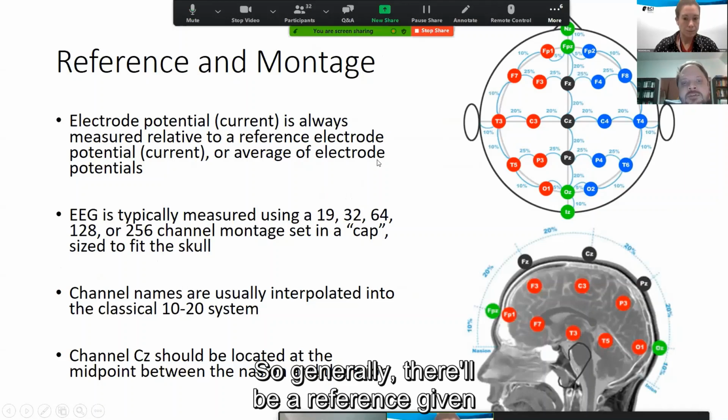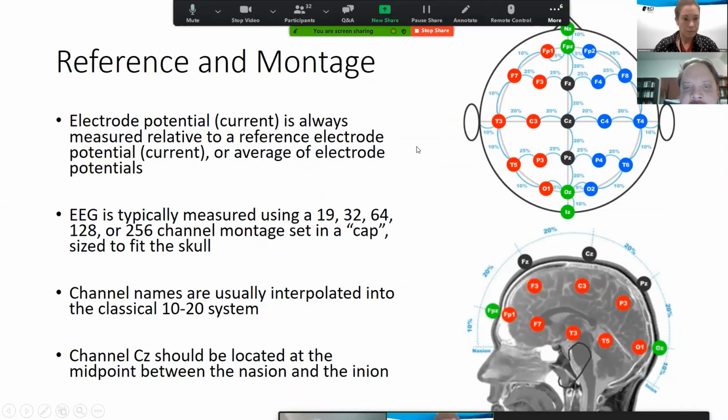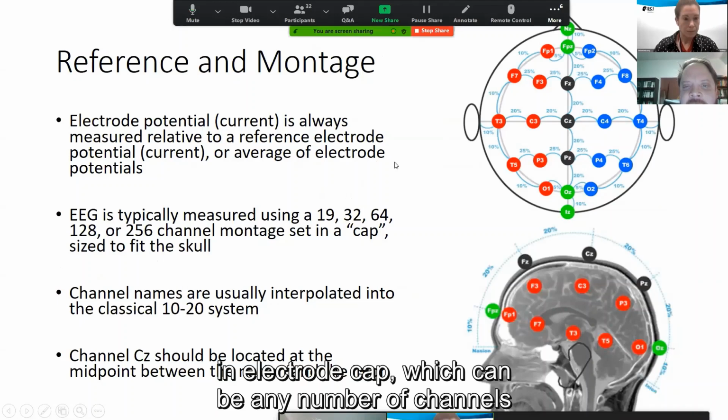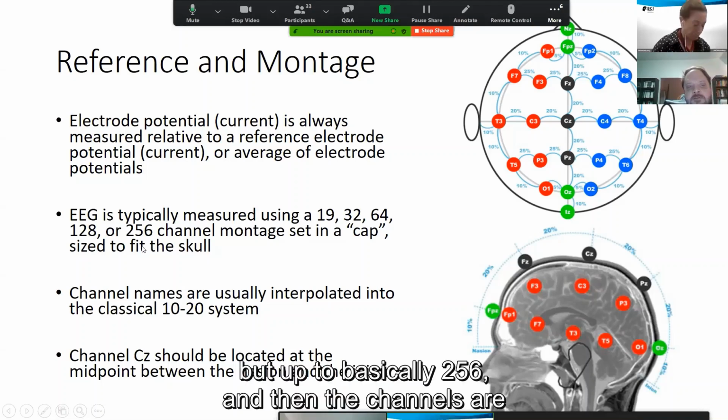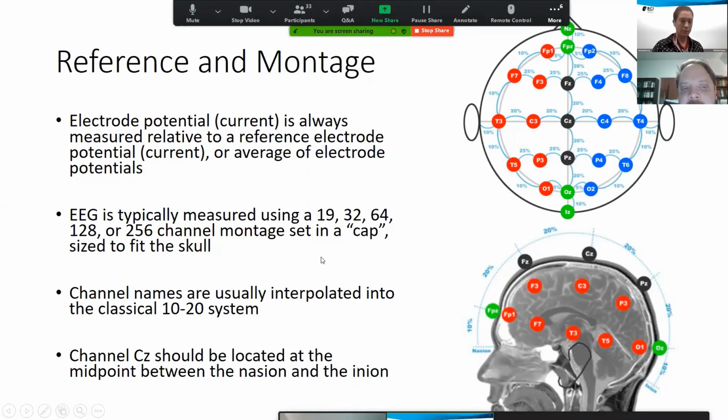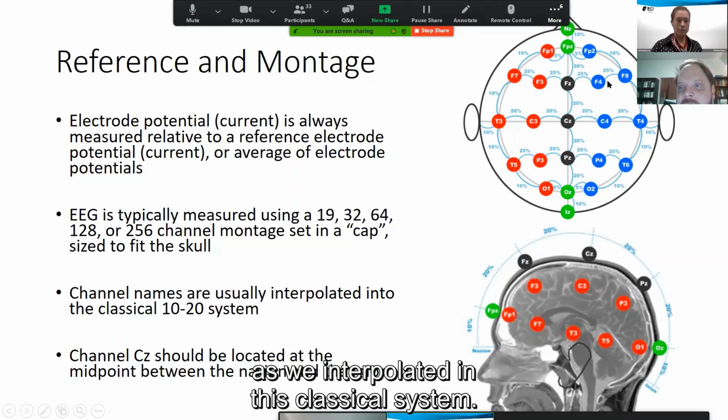Generally there'll be a reference given in an electrode cap, which can have any number of channels, up to basically 256, and then the channels are interpolated in this classical system.